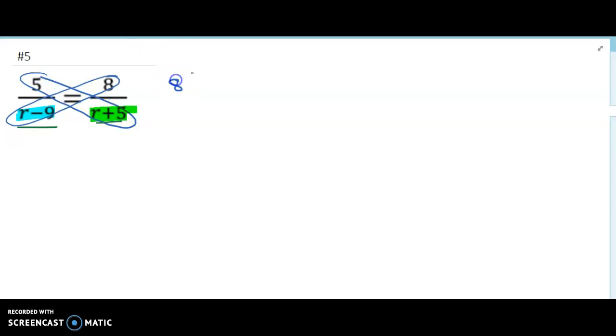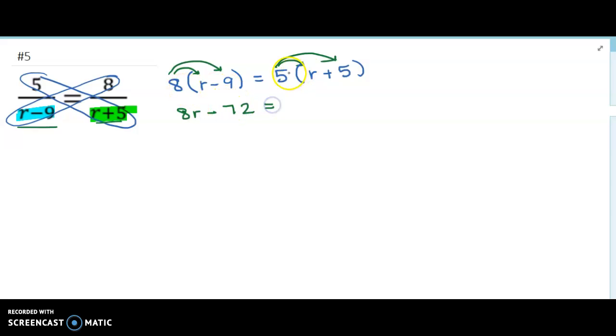So I have 8 times (r minus 9), and that's going to equal 5 times (r plus 5). Okay, don't forget, I'm distributing here and here, and here and here. Okay, so 8 times r is 8r minus 8 times 9 is 72. That's going to equal 5r plus 25.